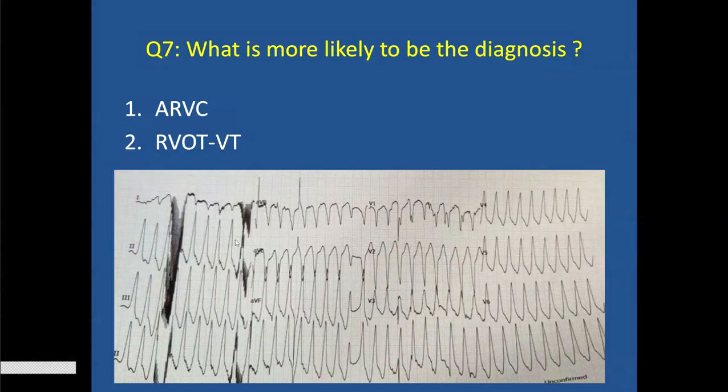That means this VT is arising from somewhere near the summit or outflow tract of the right ventricle, somewhere posteriorly or rightwards. Lead 1 is negative, so it is anteroseptal very likely, and this is a typical outflow tract VT, which should be ideally treated with drugs first, and if refractory, ablation.